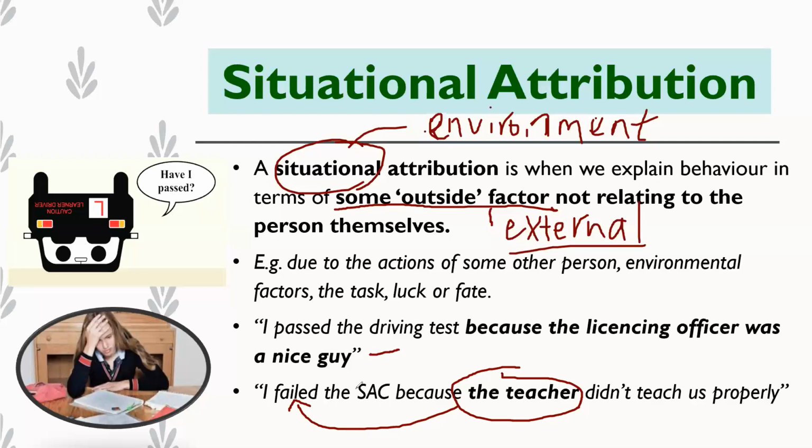So if someone fails a SAC, it's easier for them to think to themselves that, I failed because the teacher didn't teach us properly or because we weren't given enough notice, as compared to thinking that, I'm actually not a responsible person. So situational attributions can be used in different ways as well. A lot of the time when we make a situational attribution, we don't blame ourselves, but we blame the actions of some other person outside of us, obviously, not ourselves. Environmental factors.